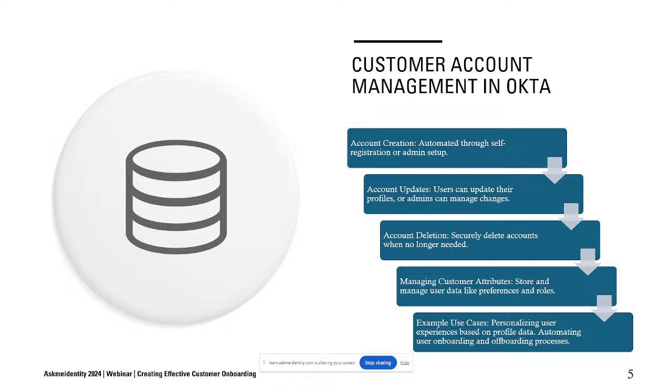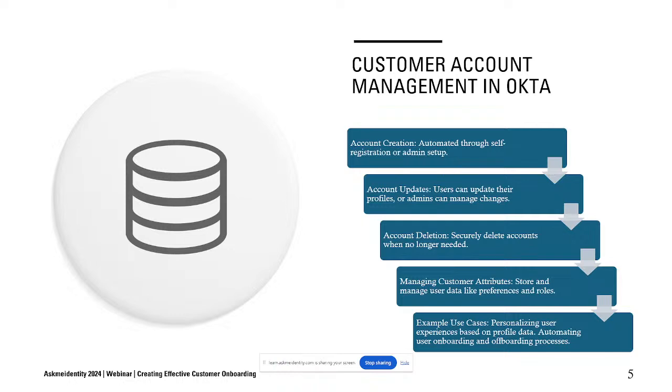Now, what is the process of managing an account in Okta? So account management starts with creating the user or creating the customer. Customers in a customer identity access management scenario can be created mostly using self-service. So for example, Gmail. Whenever we want to create an account in Gmail, we go to gmail.com and we sign up ourselves.